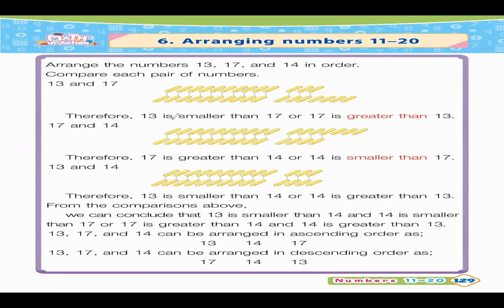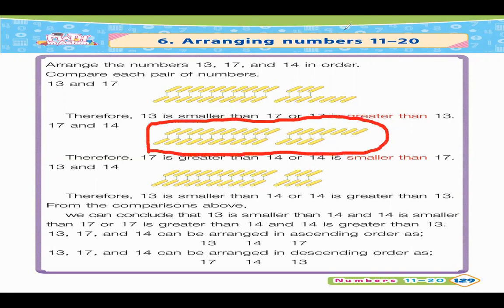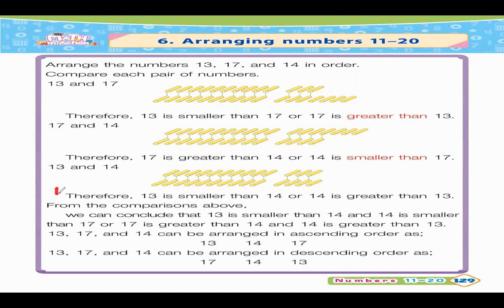Okay, so next we have, therefore 17 is greater than 14, or 14 is smaller than 17, and 13 and 14. So please count these sticks here and then see how they work. How are you going to describe them in a sentence? Next one, this one.